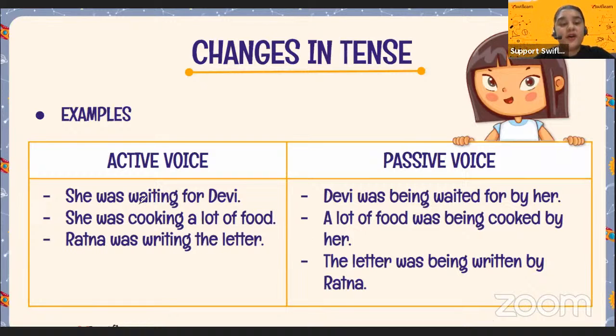Yes, was waiting, was being waited by her. A lot of food was being cooked by her. Clear? Clear to everyone? Yes. Ratna was writing the letter. The letter was being written by Ratna. Okay, so I'm giving you 1 minute. Go through all the examples and then we will proceed.